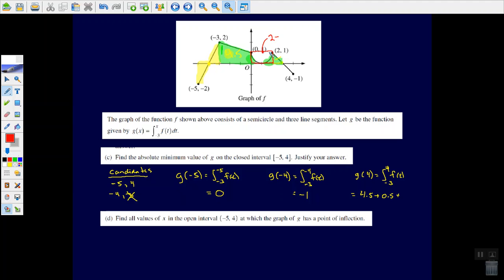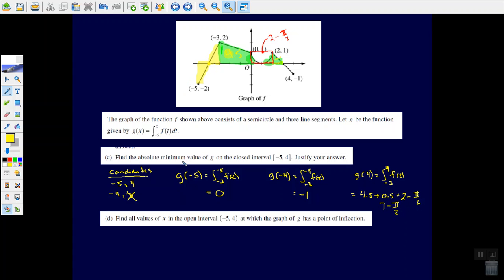The radius is 1, and so the area of an entire circle would be pi times 1 squared. Okay, so think about through here. That means the area of the semicircle is pi over 2. Okay, and so filling that in down here, I'm going to have 4.5 plus a half, which is 5, plus 2 is 7, minus pi over 2.